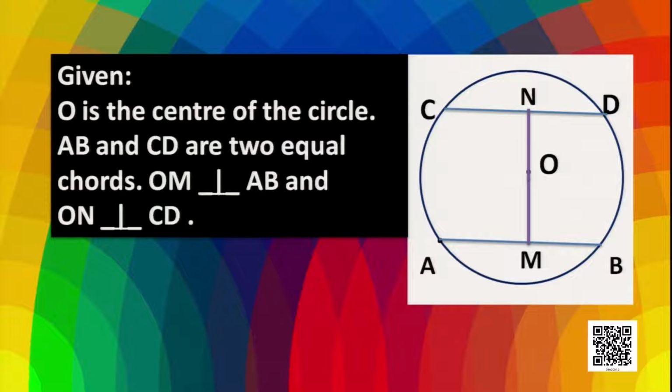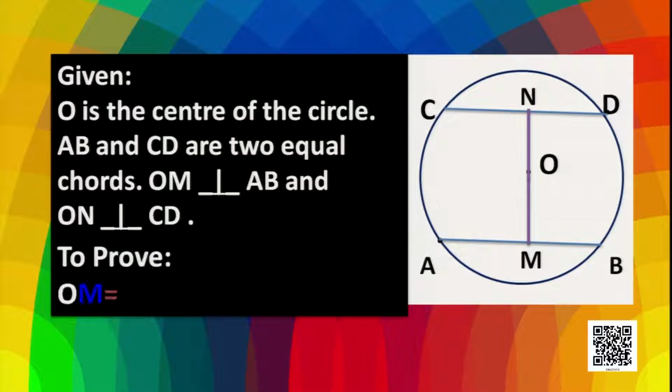So the length of OM is the distance of AB from center O, and length ON is the distance of CD from O. So what to prove? We have to prove that these distances are equal. That means OM is equal to ON.